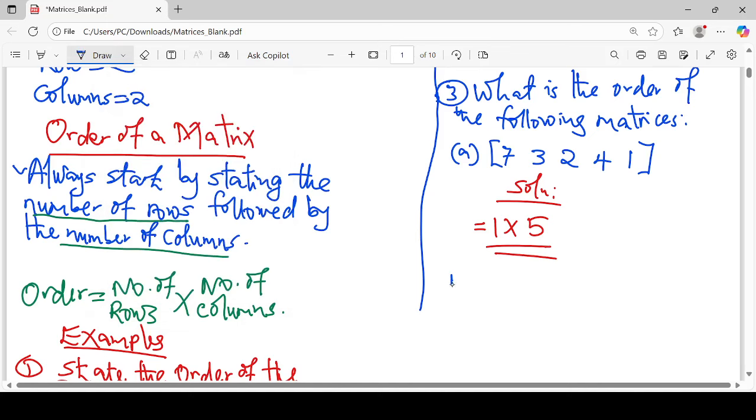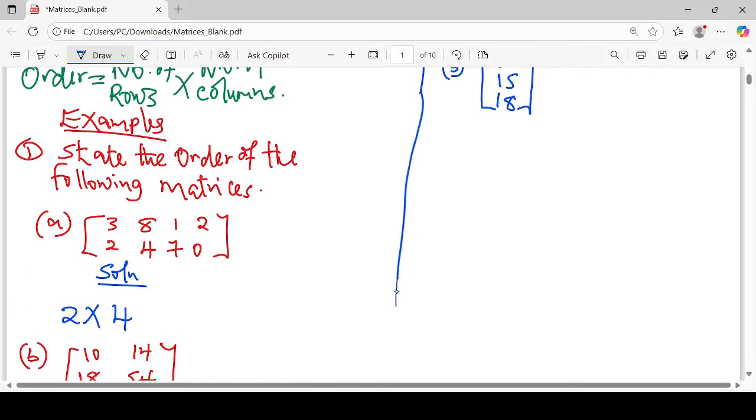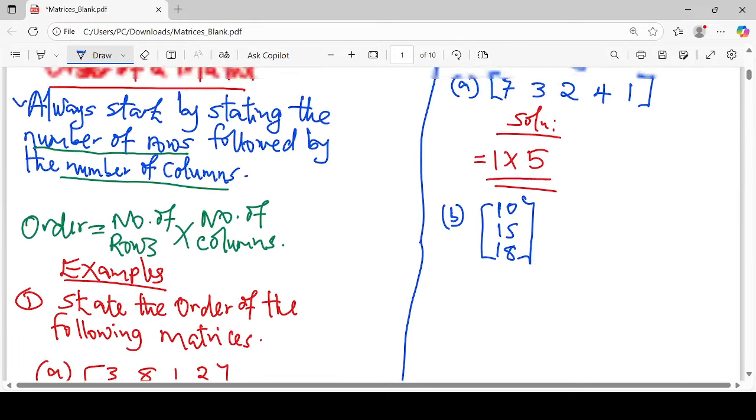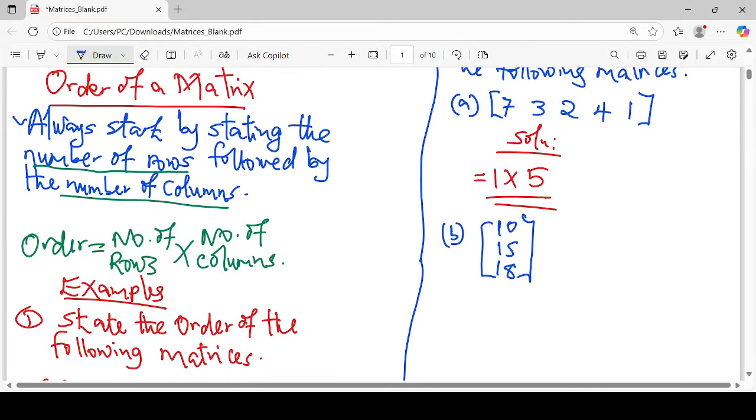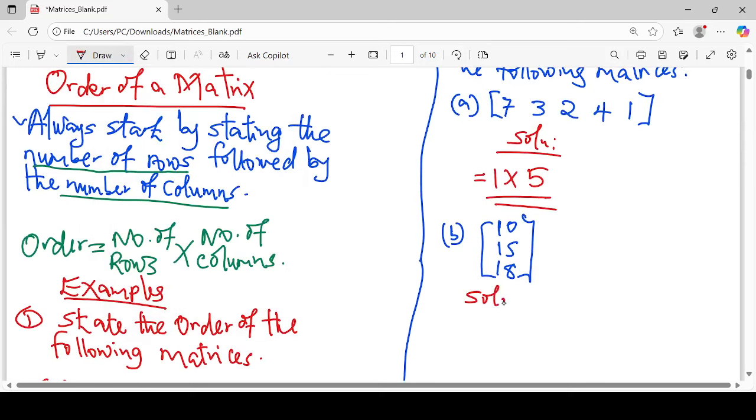That is example B. You can be given 10, 15, 18, like that. Remember, the question was to state the order of the matrix. Under our solution, when you are stating the order, how many rows are here?